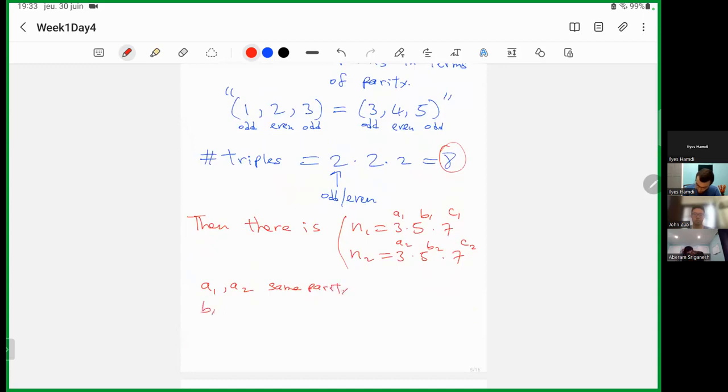Okay, and same for b1, b2, they have the same parity, and c1, c2 have the same parity. This comes from Pigeonhole. Okay, and now my question is, is it clear now that n1 times n2 is a perfect square?